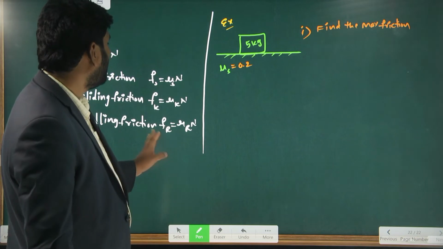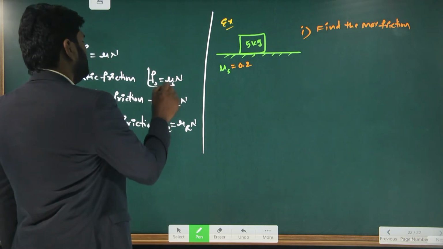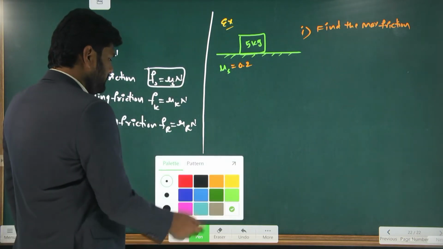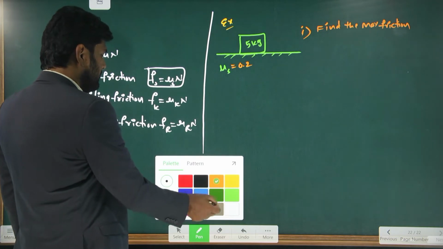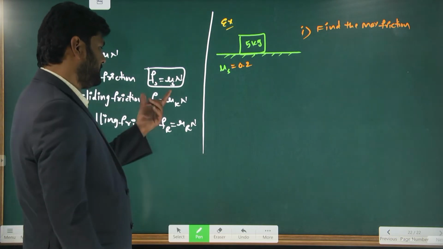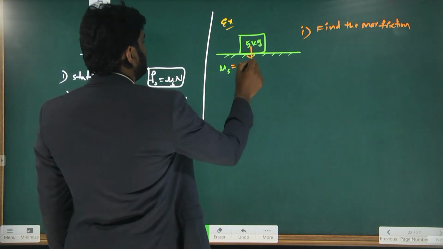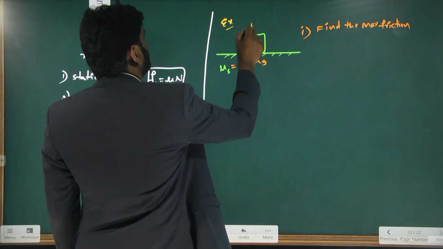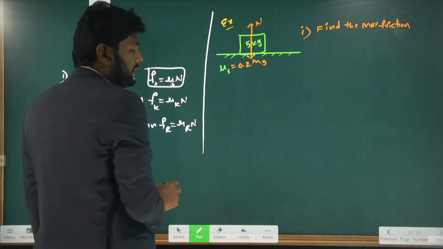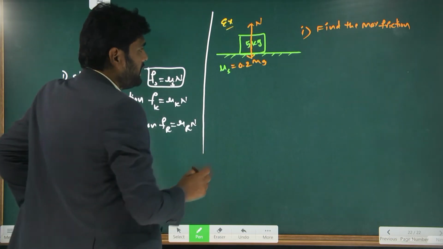We have to use the formula Fs = μs N. Look here: as mg acts in the downward direction, the normal reaction acts in the upward direction.